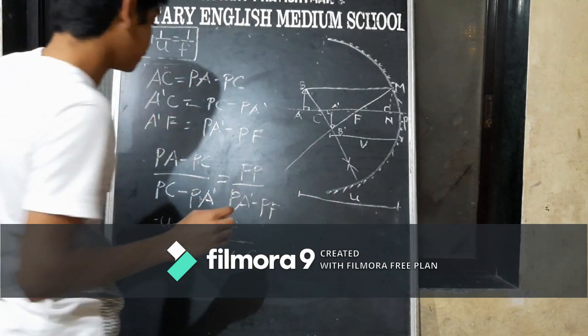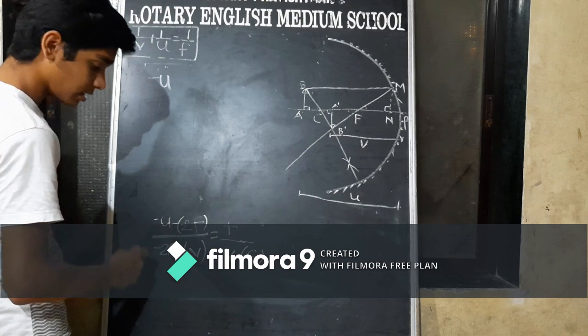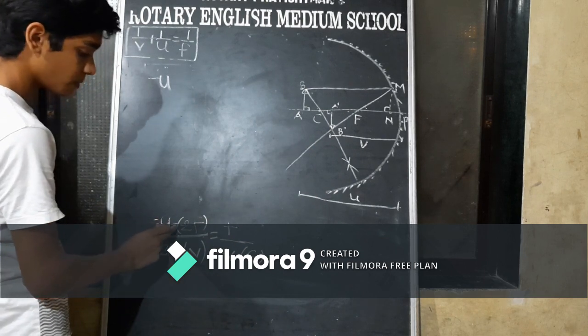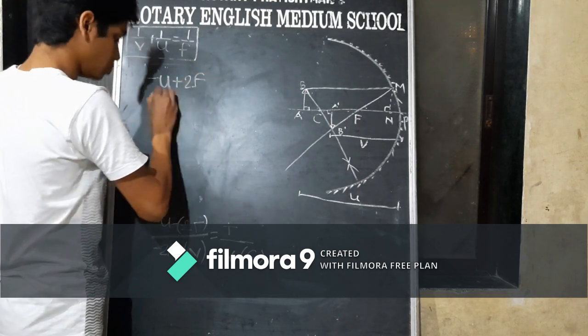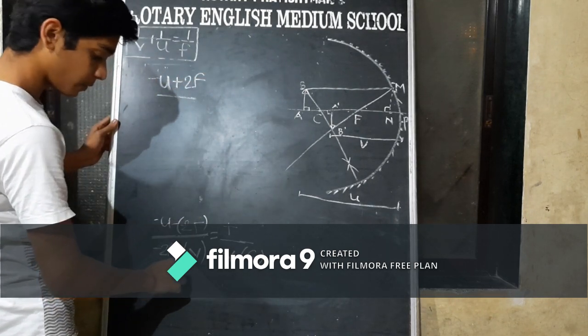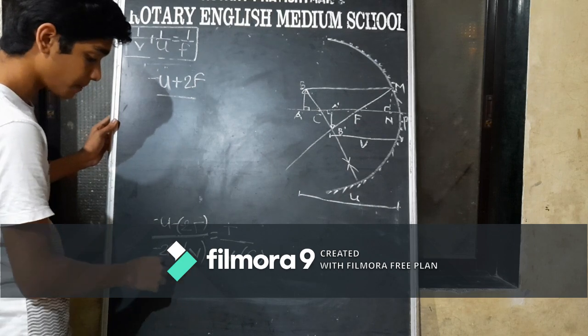Let's evaluate this further. Minus U minus of minus 2f is plus 2f, upon minus of minus V minus 2f.